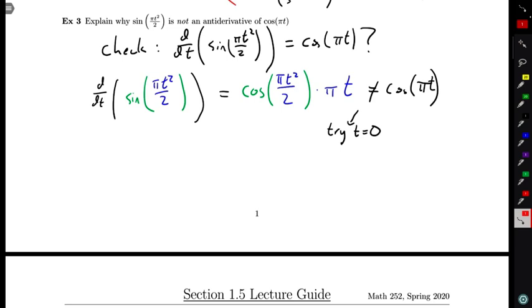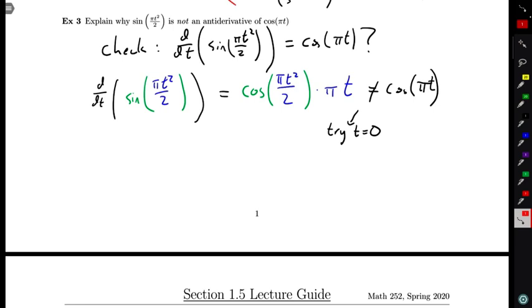But maybe we can get a little glimpse of what's going on here by thinking about what did go well in this process and how can we change what didn't go well so that we end up with the right antiderivative. So when we were going through this process, we were hoping to get a function whose derivative is cosine of pi t.